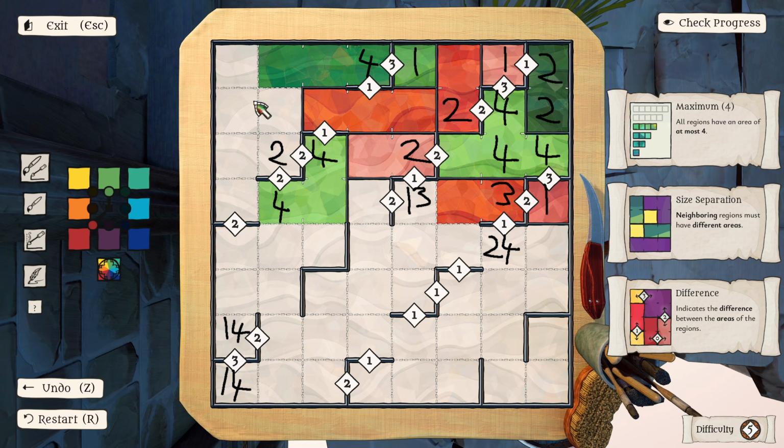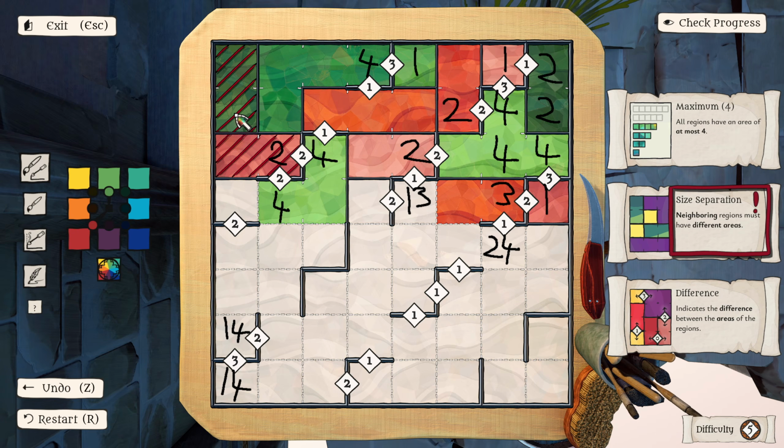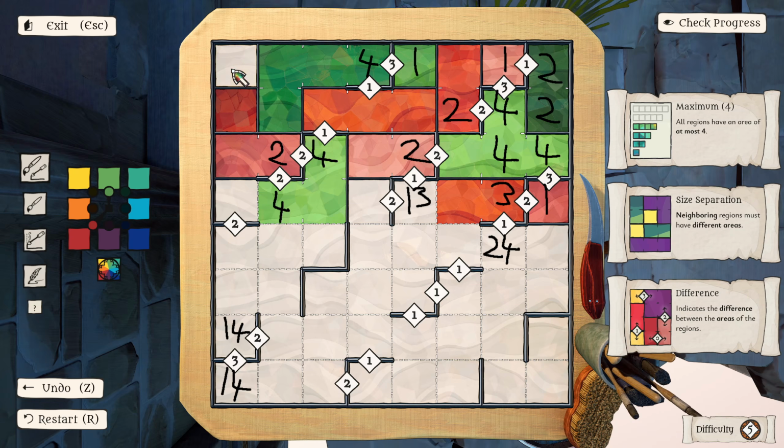There's not much up here that we can work with. Well, there is. This 4, if it goes down, this 2 has to go over, then this can't be a 2. And it can't be 2 1s. Therefore, this 4 goes to the left. That's something.